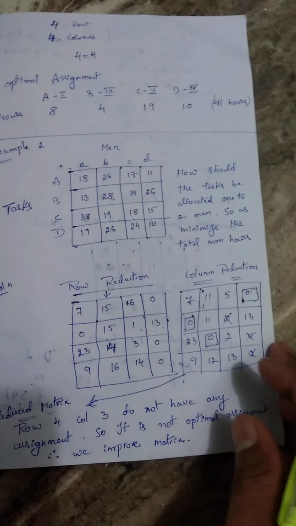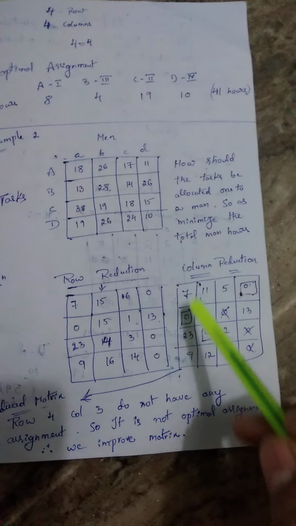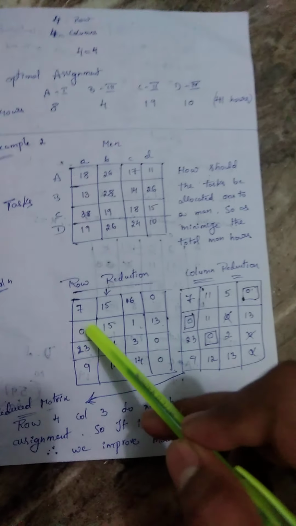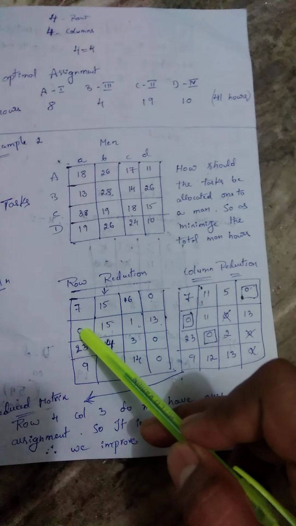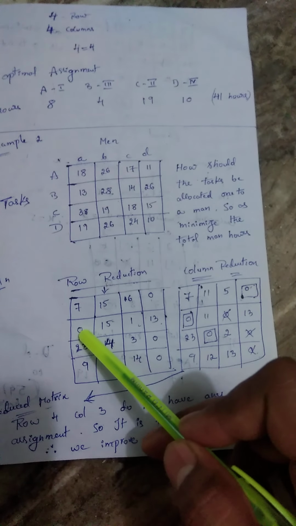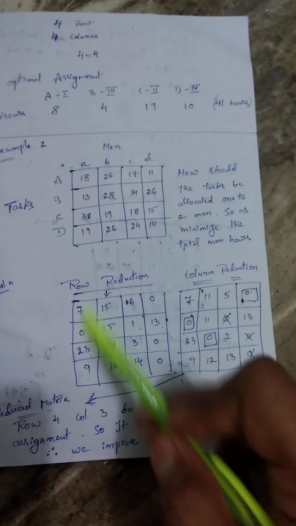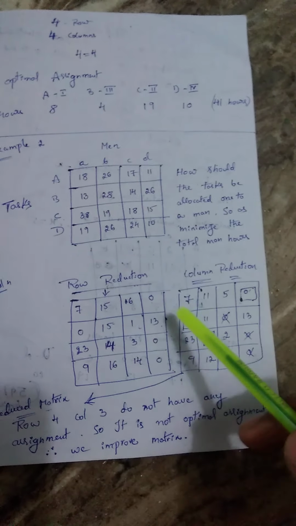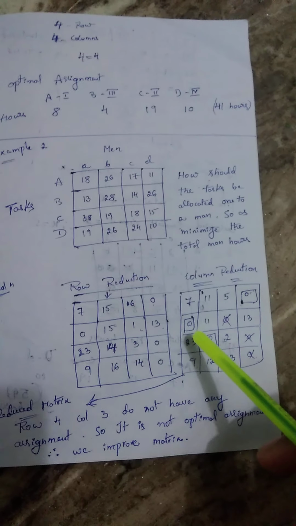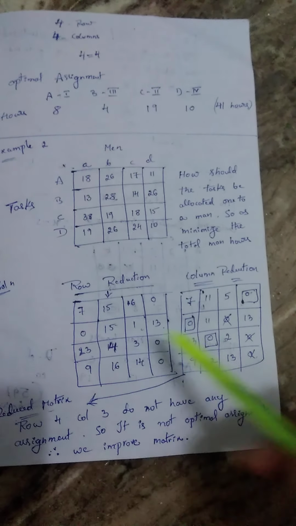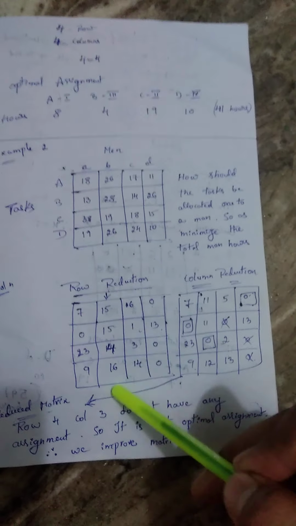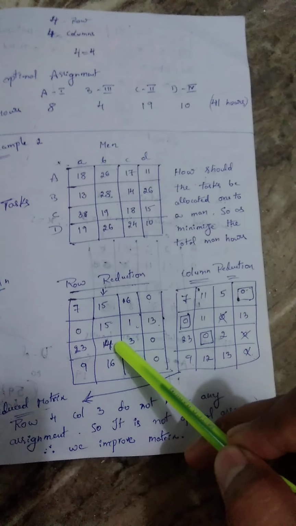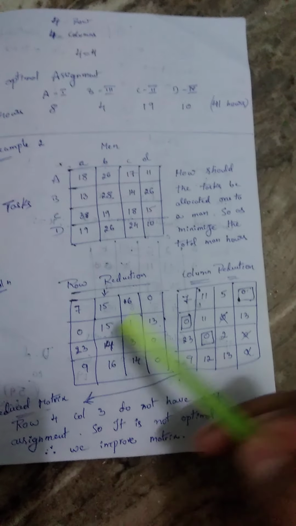Coming to the column reduction, column-wise, in the first column 0 is the smallest element. We subtract that smallest element from each element of the column. 7 minus 0 is 7, 0 minus 0 is 0, 23 minus 0 is 23, and 9 minus 0 is 9. In the second column, 4 is the smallest element.